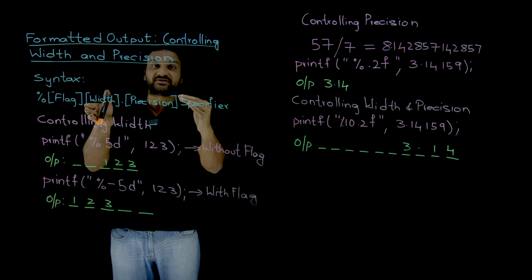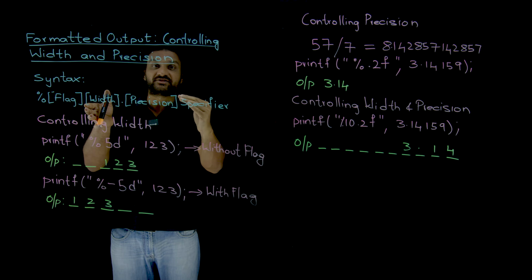So here what I have taken is printf with %5d. So far we haven't seen this. So what does this 5 state? The 5 states that I want the width of my output to always have a minimum of 5 spaces.